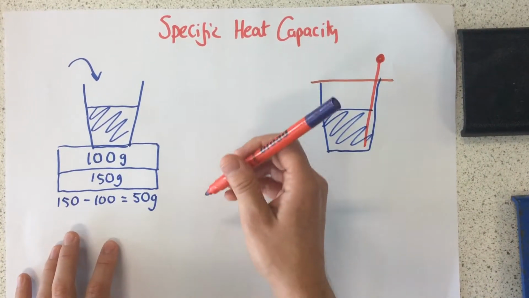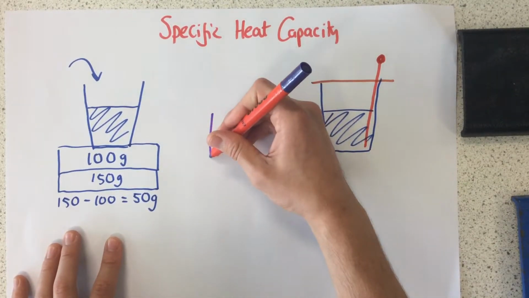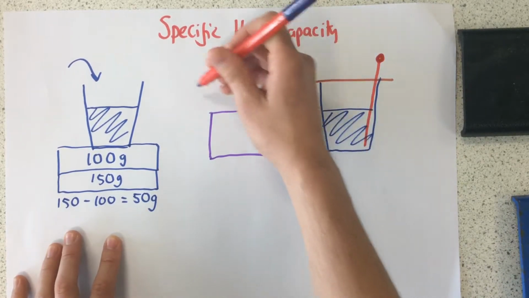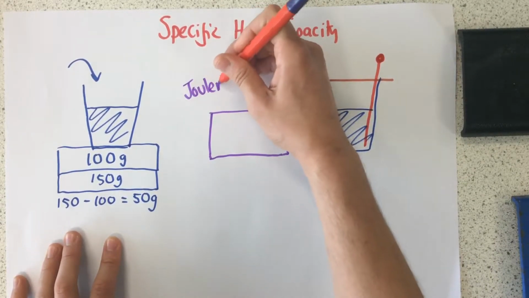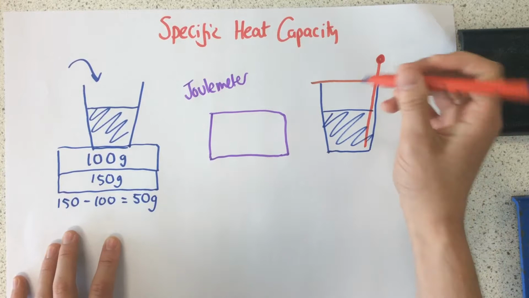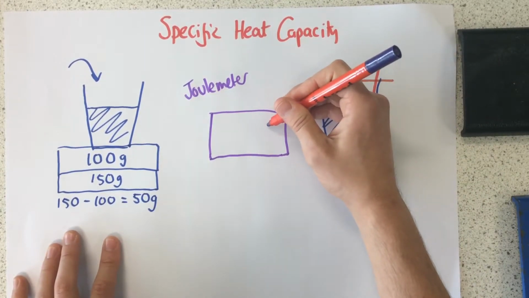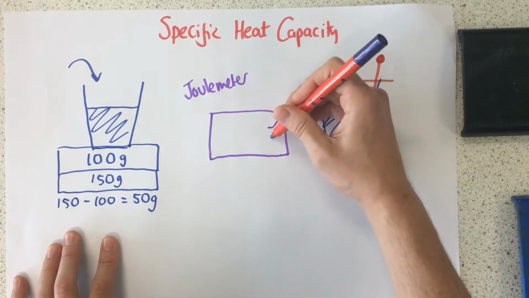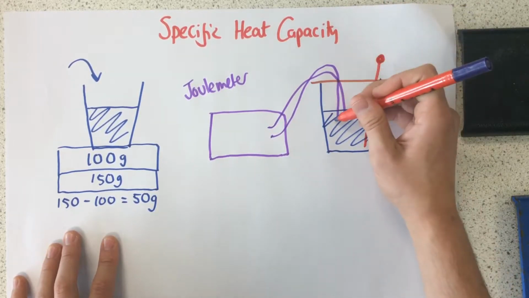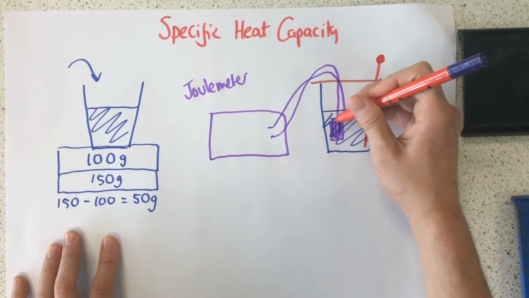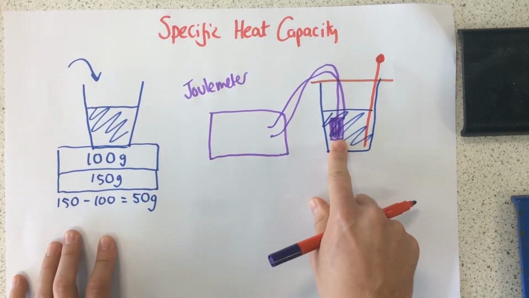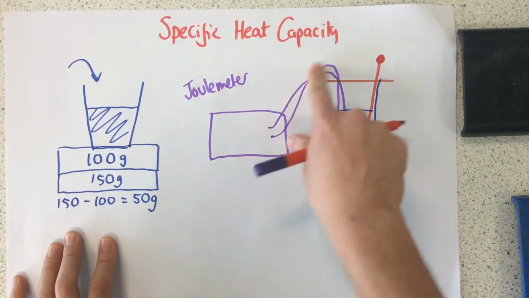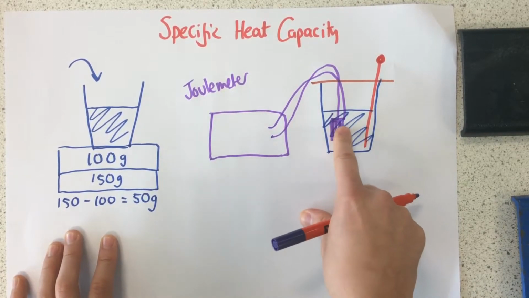And I'm also going to be using this thing called a Joule Meter. My Joule Meter is actually connected to an electric immersion heater. All it is is a heater which goes into the liquid, and then on my Joule Meter I'll be able to see how much thermal energy has gone into this immersion heater, okay?